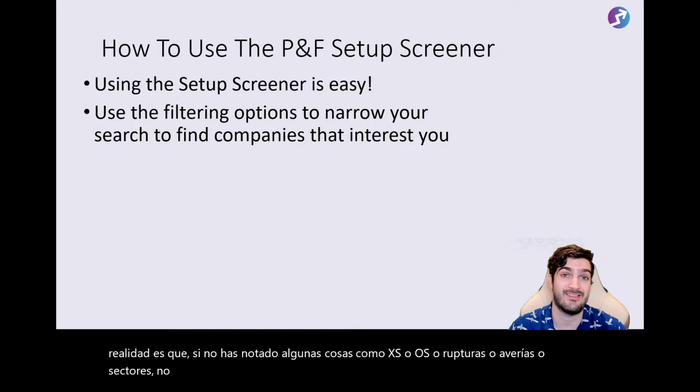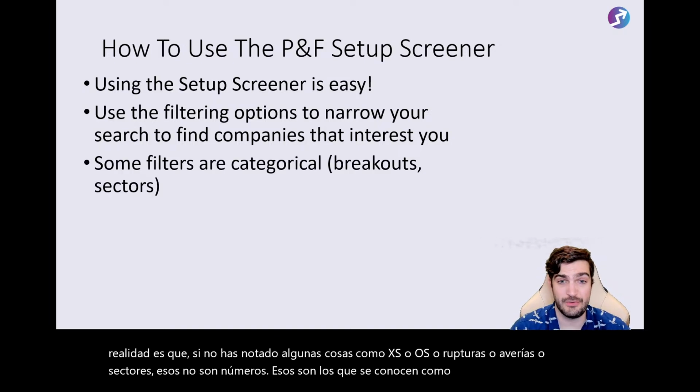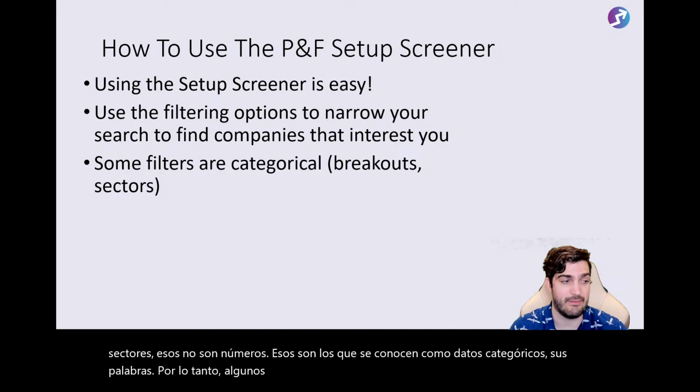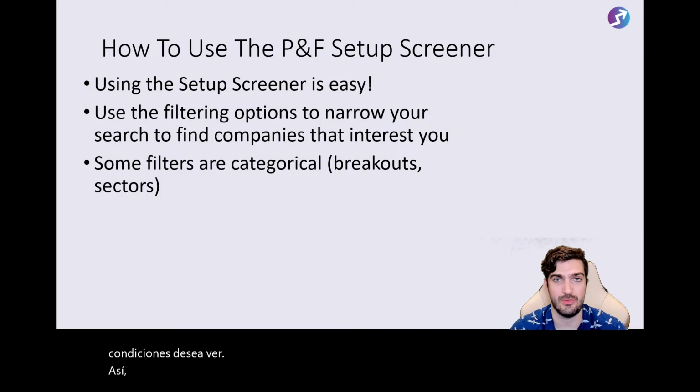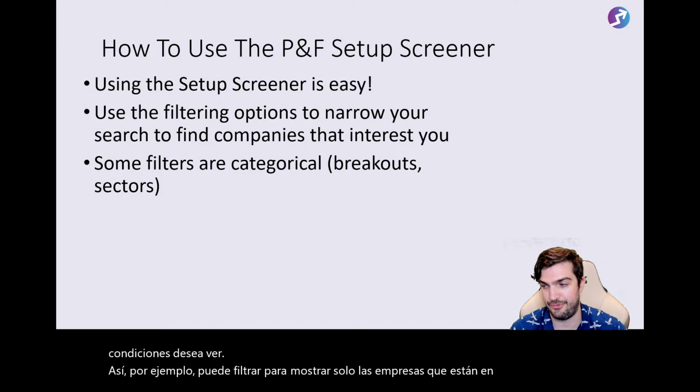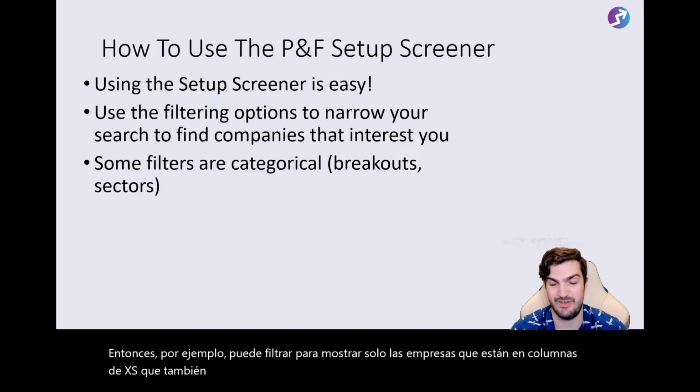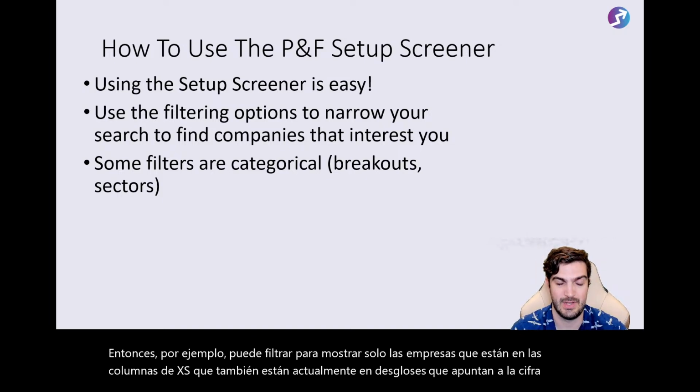Those are what are known as categorical data. They're words. So some filters will be categorical, allowing you to choose which ones or which conditions you want to see. So for example, you can filter to only show companies that are in columns of X's that are also currently on breakdowns, point and figure sell signals.